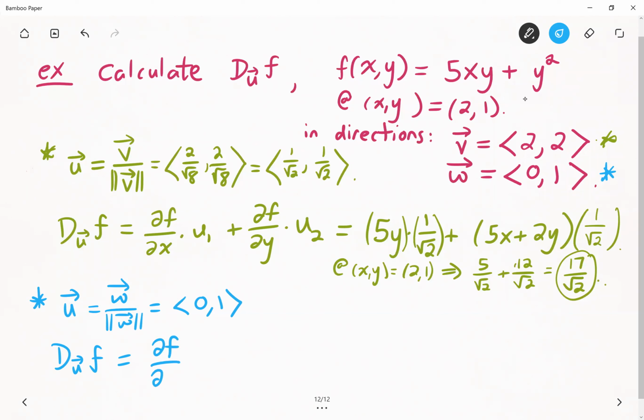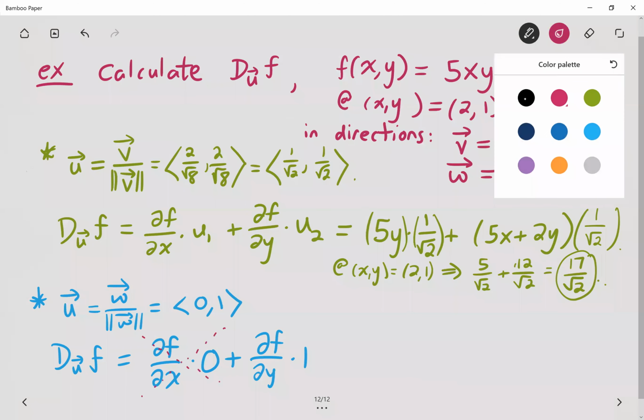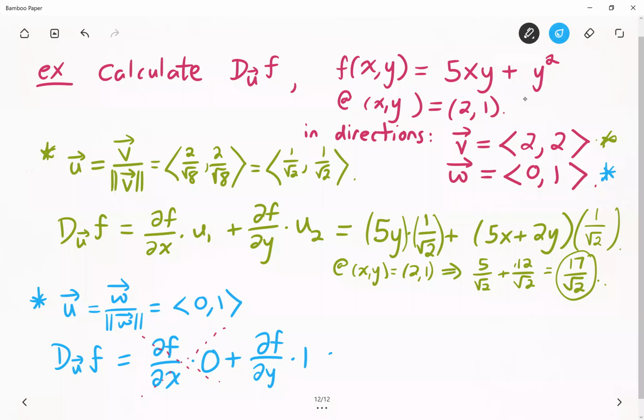Right here I'm going to get df dx times 0 plus df dy times 1. What's happening here? The 0 is going to cancel out the df dx, and so all we're left with is df dy times 1, just df dy.